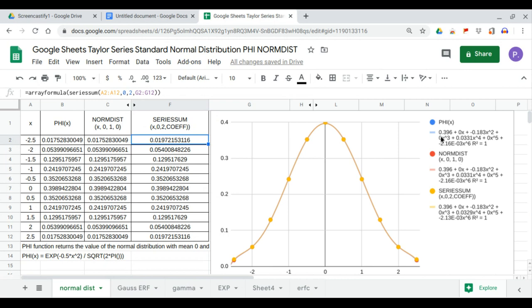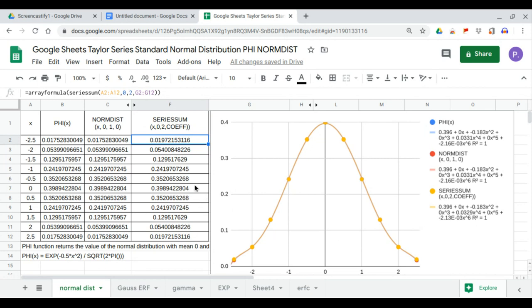Okay, they all have the same coefficient of regression, 0.396. That's for B0. B1 is all 0, B2 is negative 0.183, B3 is all 0, B4 is 0.331 in all three, B5 is all 0, and B6 is negative 2.16 times 10 to the power minus 3 in all three.